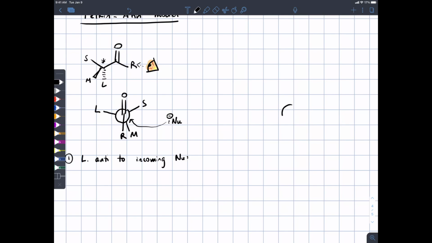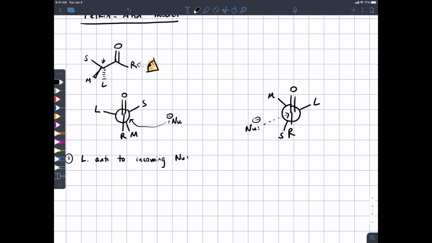Now we want to consider what if it approaches from the left-hand side, and we're going to rotate around that carbon-carbon bond again to put the large group anti to the incoming nucleophile, right? And when we do that, the small group will be here and the medium group will be there.